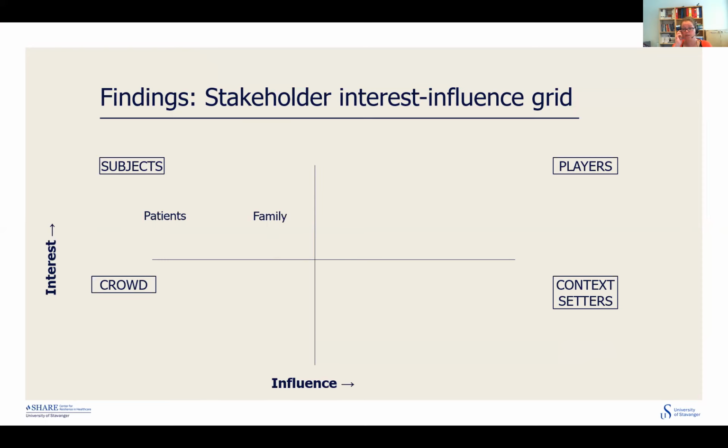For example, patients can up their influence by having family members advocate for them. Patients have been placed further down the influence axis than family members, because family members can often be more active than patients in some cases, is what we found.